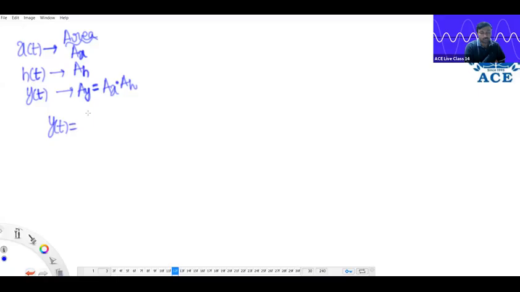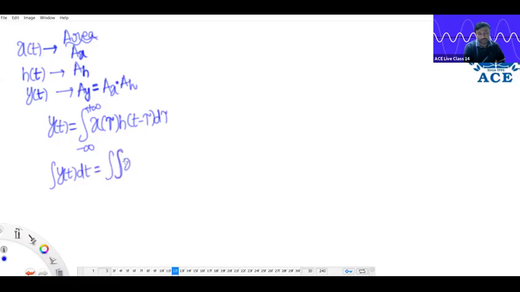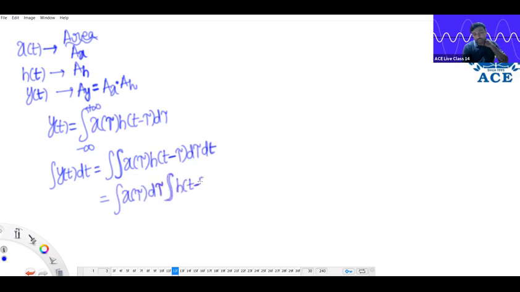See, our convolution definition is the integral of x(tau) h(t minus tau) d tau. If you take the integral of y(t) dt, on the right side we get one more integral, x(tau) h(t minus tau) d tau dt. One integral is a function of tau, another is a function of t.